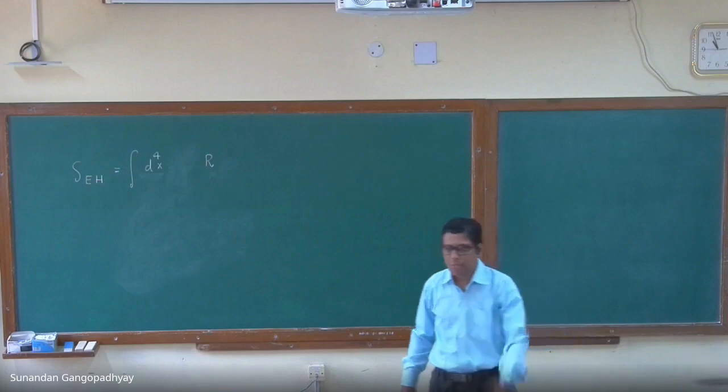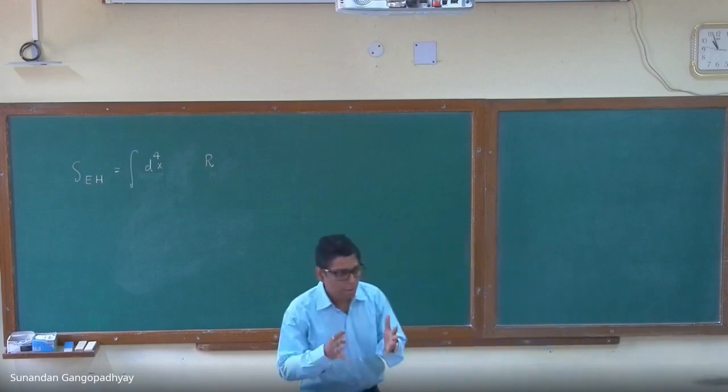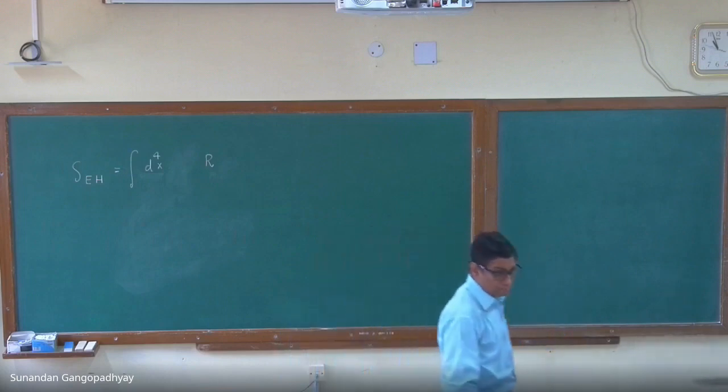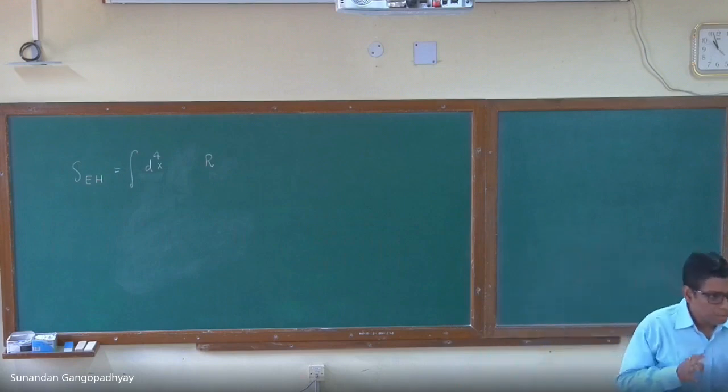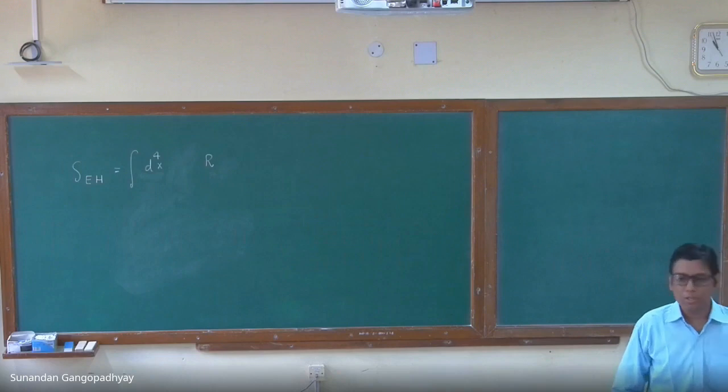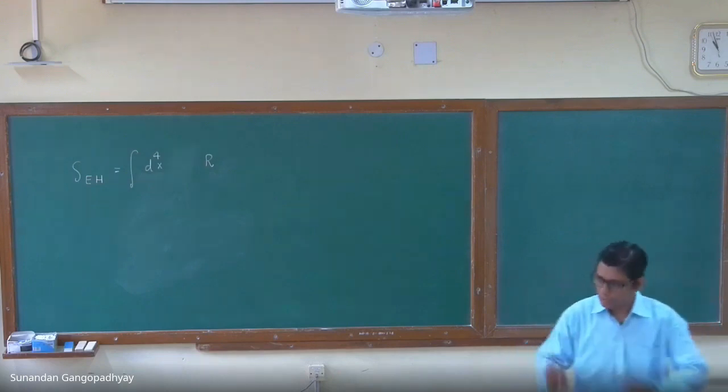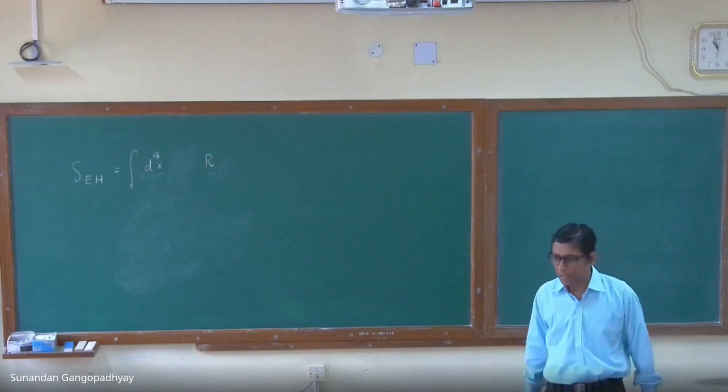What is the next principle, or property, that the action should have when you want to write down a valid action? Number one, it should be a scalar. Next property: dimension is always there. You should not write something dimensionally incorrect.